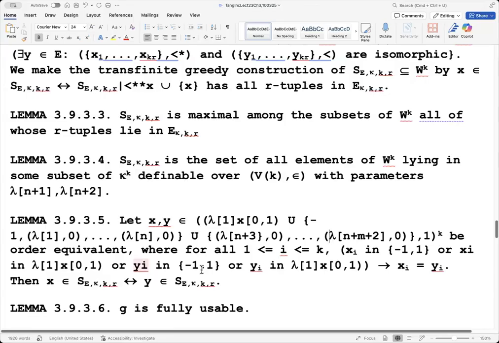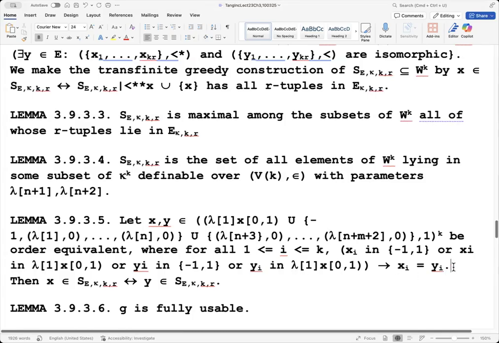Okay, so these are order equivalent, but F, remember, is living in the rationals. We assume that Xi is either -1 or 1, or Xi is in the core, or if Yi is in here and Yi is in the core, then Xi equals Yi.